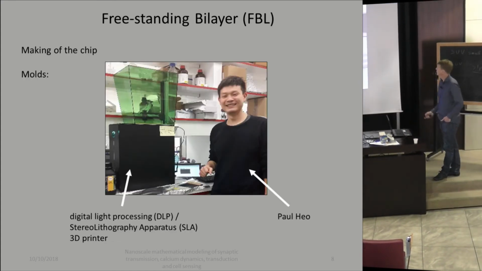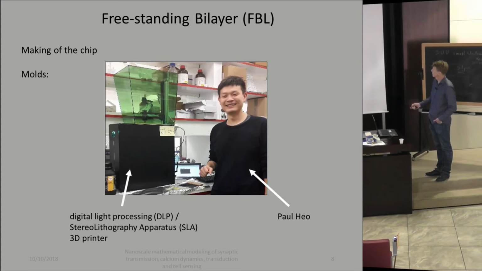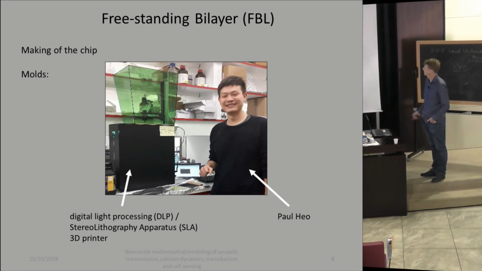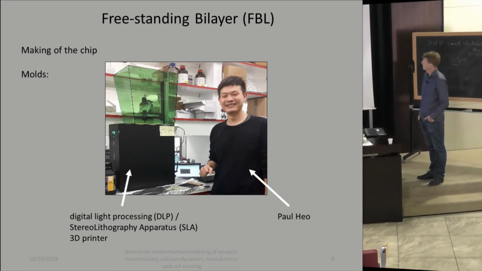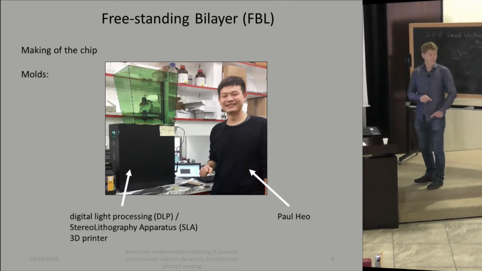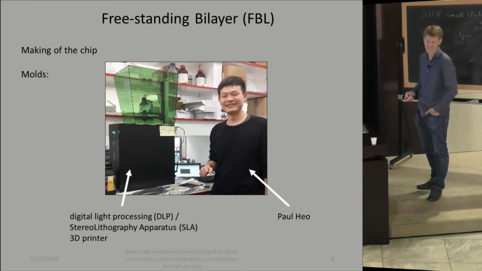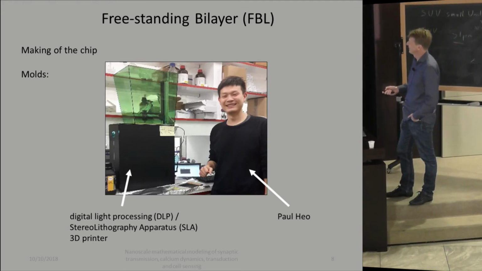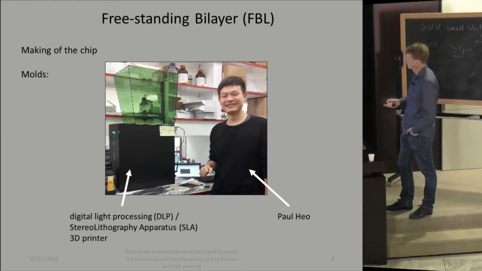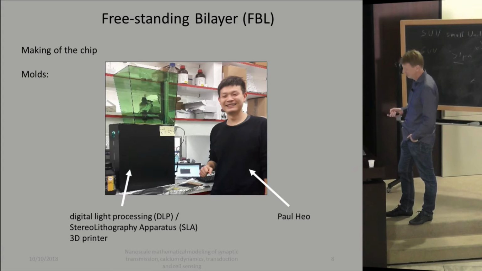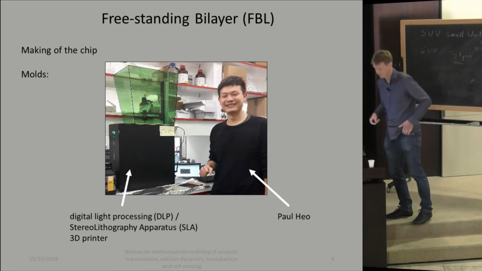So how do we do this? First, this is Paul, a postdoc of mine who is working on this. You see he's very happy next to the 3D printer. He had just received it when we took this picture. I don't know if you're interested in 3D printing, but it's digital light processing, SLA, stereolithography apparatus.